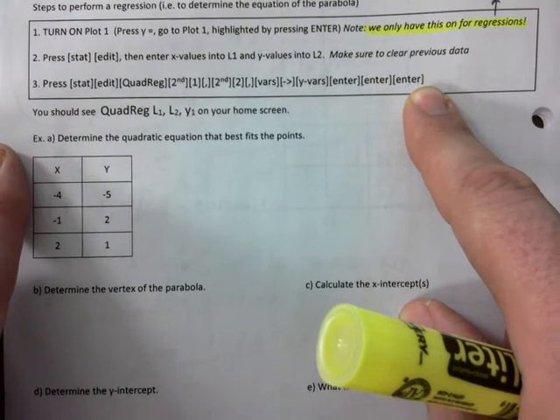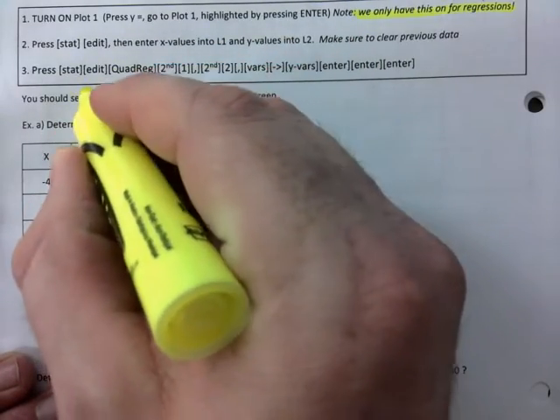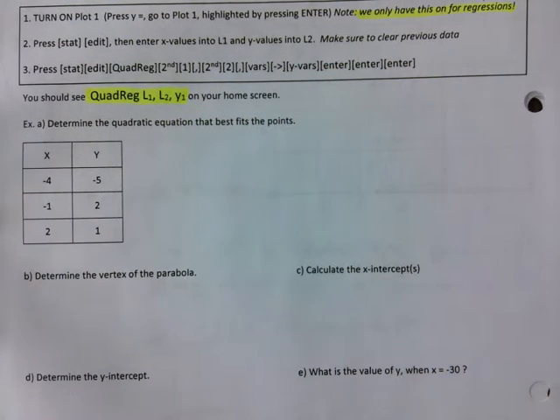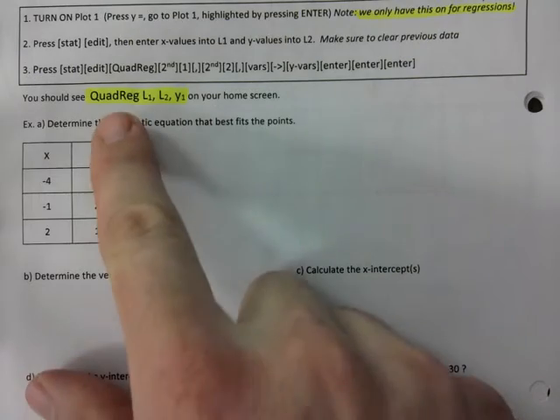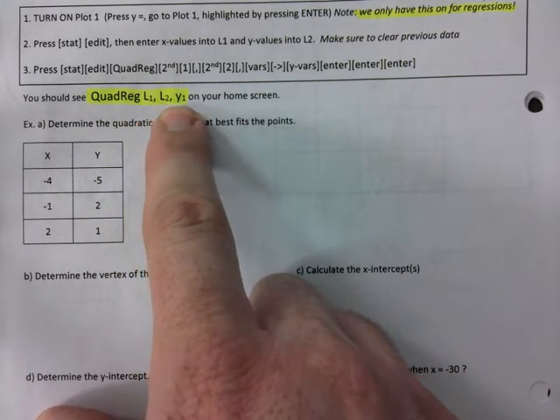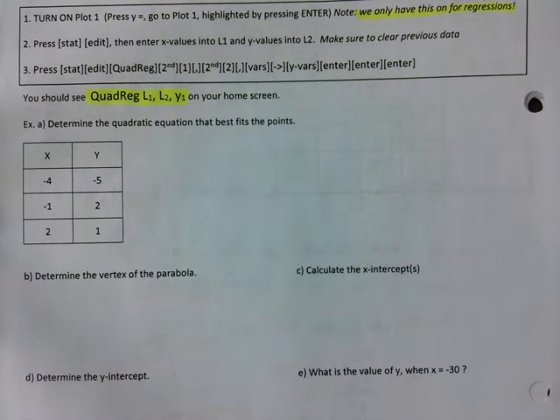Don't do it right now. I will walk you through it. But this is what you should see when you're all said and done. Your home screen, when you've typed all these buttons, you should see quad reg, L1, L2, Y1. That's very important.